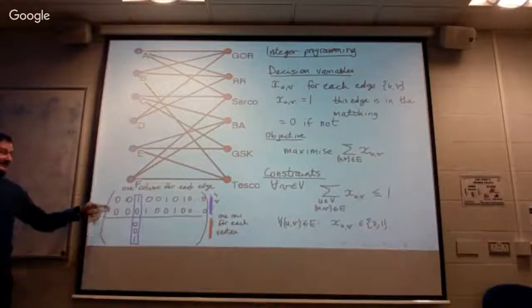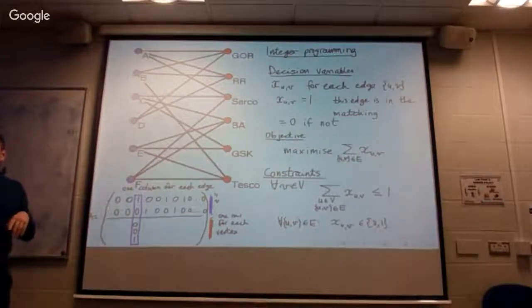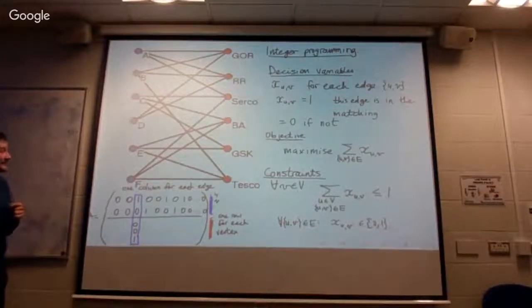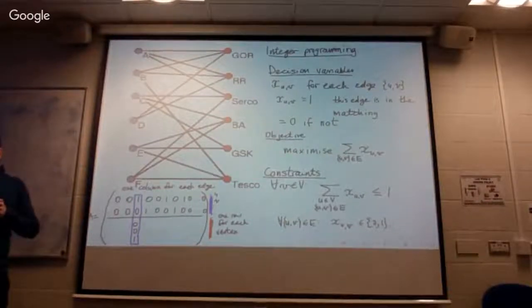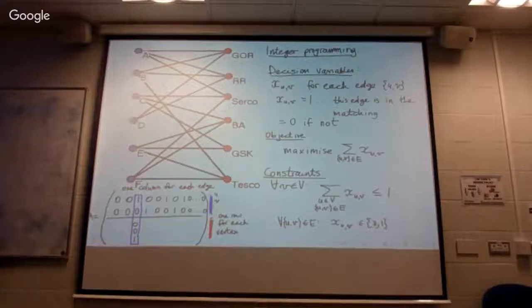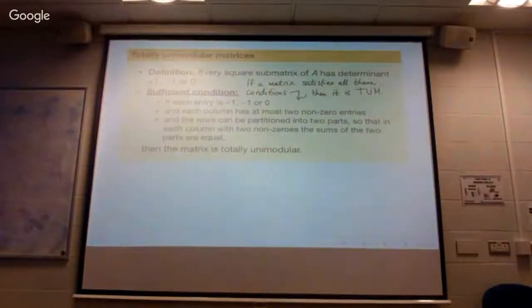So the sum is always the same. That's also satisfied. So that matrix is totally unimodular.